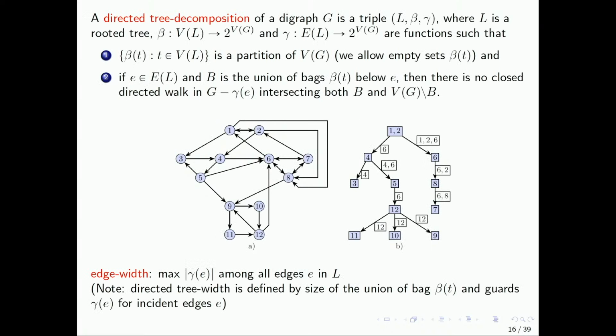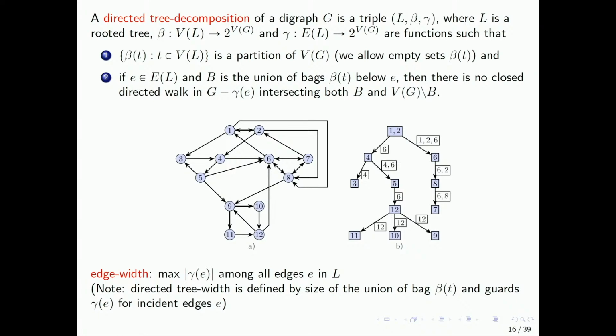So is this definition the same as the definition by Robertson, Seymour, Johnson, Thomas? It's different. They actually didn't allow the empty sets, and here it is just a directed walk whose endpoints are in B but containing the rest.